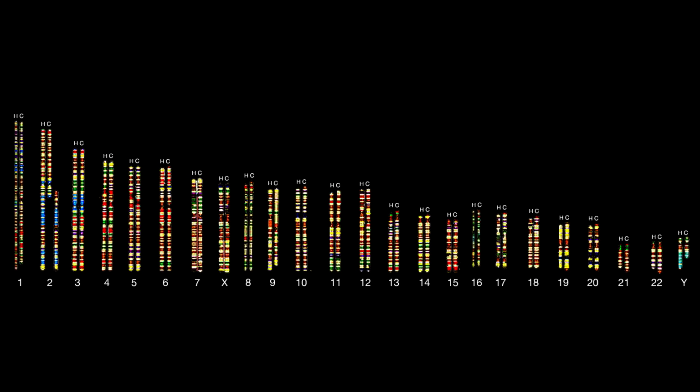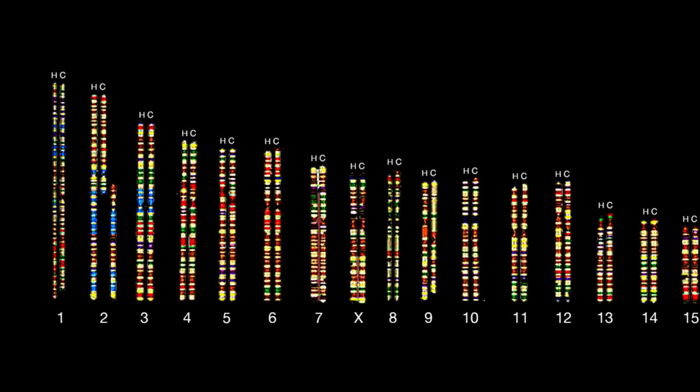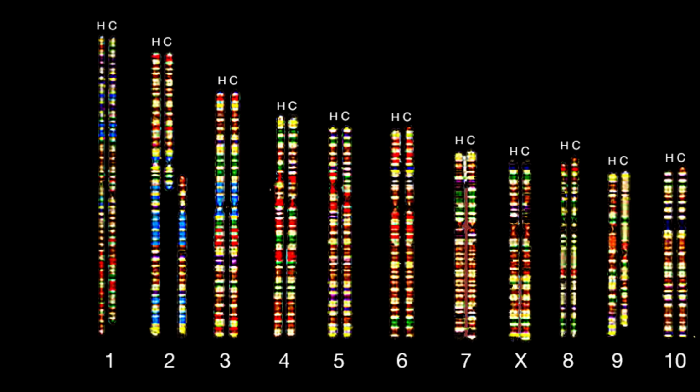Well, what do you know? Most of the chromosomes match almost perfectly. The only one that doesn't is our chromosome number 2. But in that case, there are 2 chimpanzee chromosomes that when put together match it almost perfectly. The most likely explanation for this is that our common ancestor, like most great apes today, had 2 sets of 24 chromosomes.